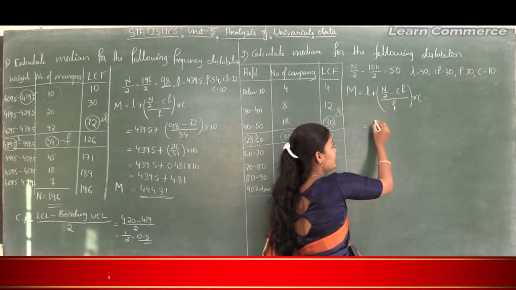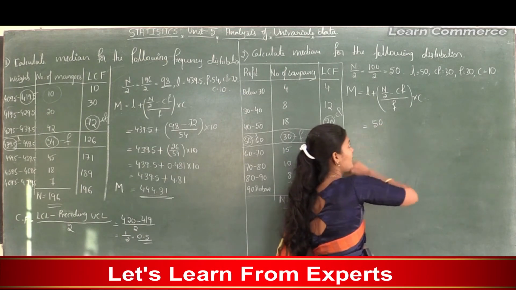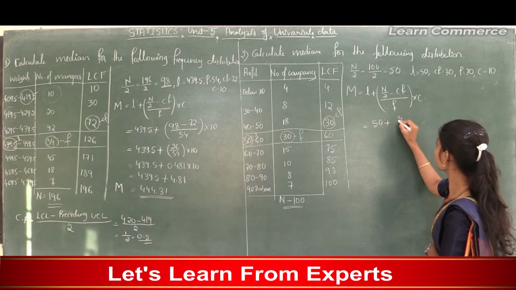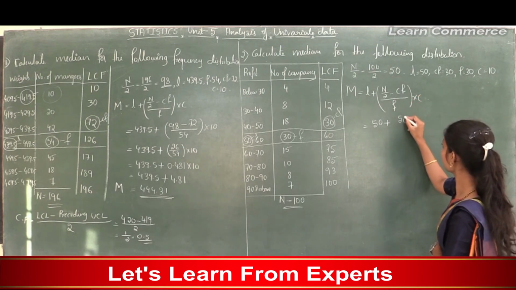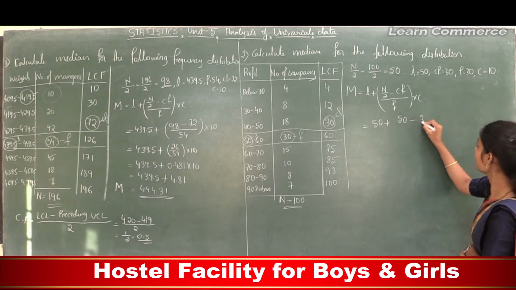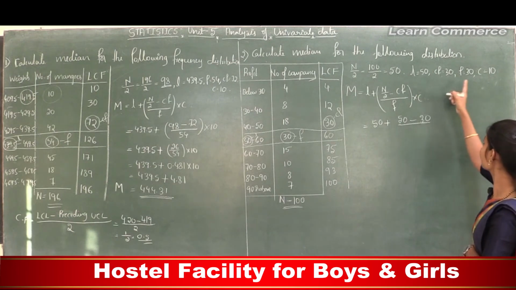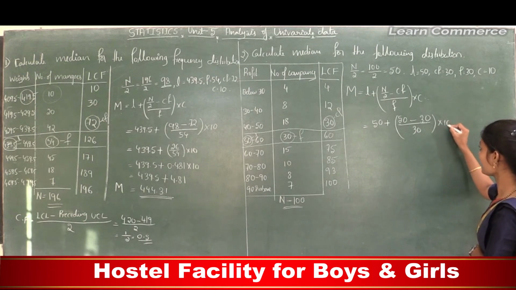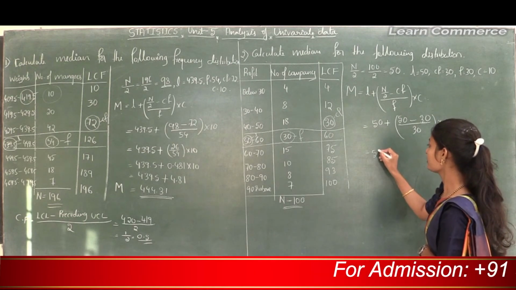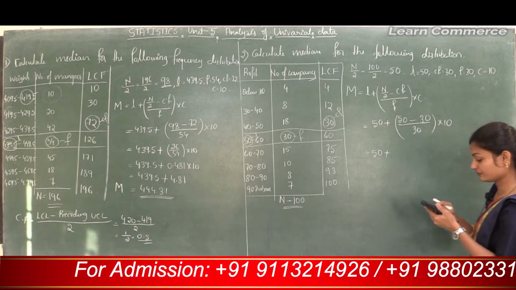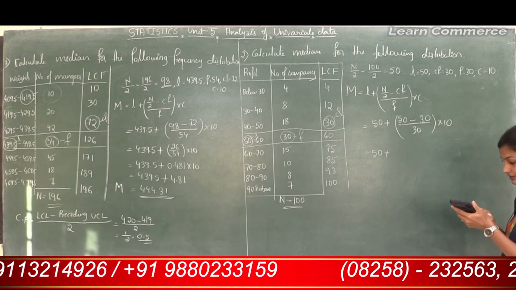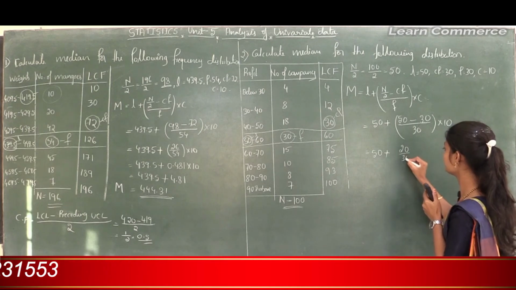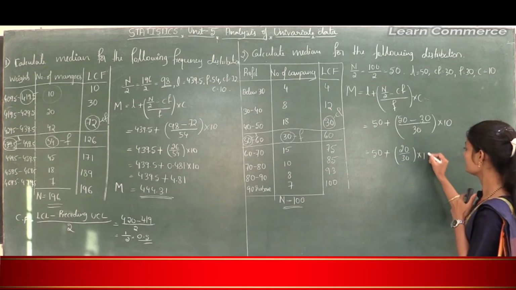What is L here? L is 50. So M is equal to 50 plus (N by 2 is 50 minus CF is 30) divided by F is 30 into C, C is 10. So this is equal to 50 plus 50 minus 30 is 20, divided by 30, into 10.